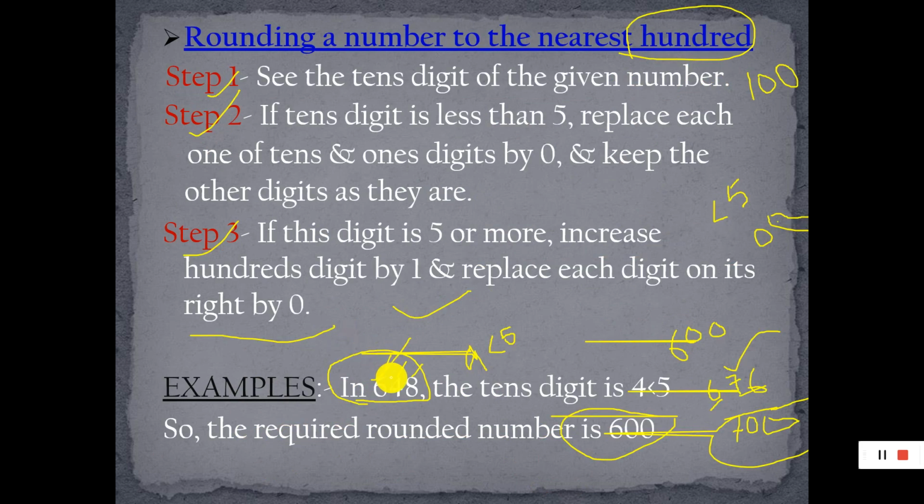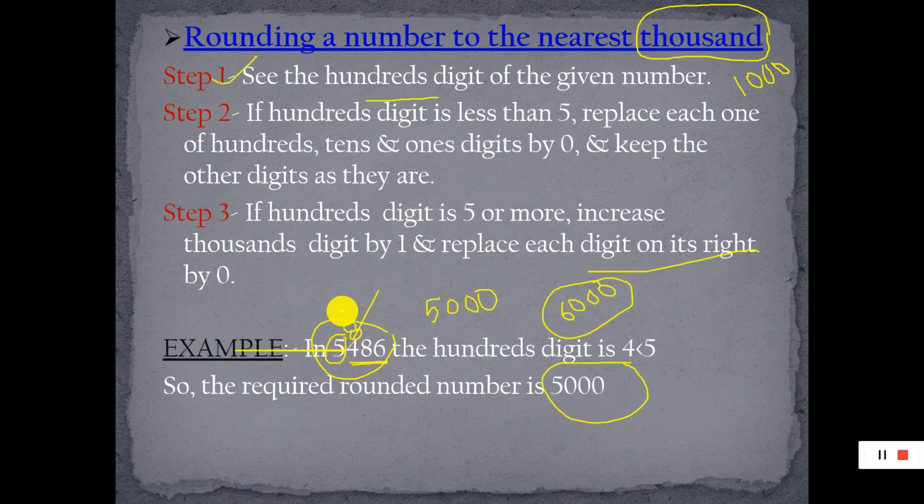For hundreds you see the tens digit, and for thousands you see the hundreds digit. If this digit is 5 or more, then add 1 to the previous digit, and if these digits are less than 5, you replace all by 0.